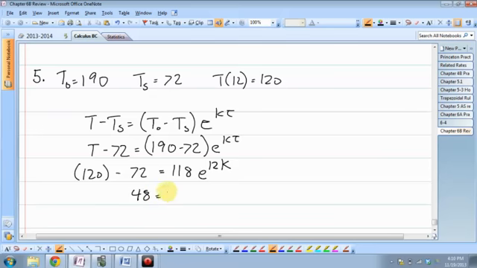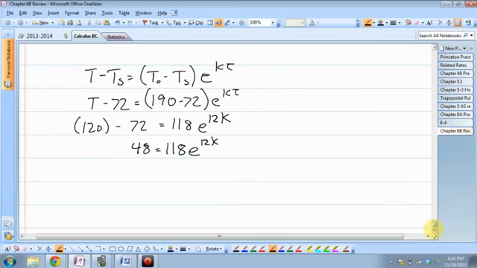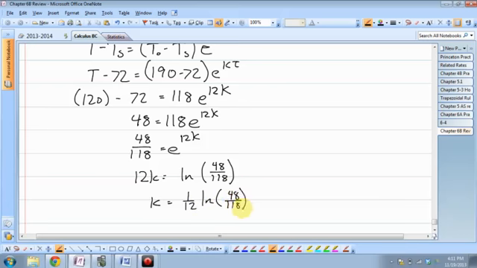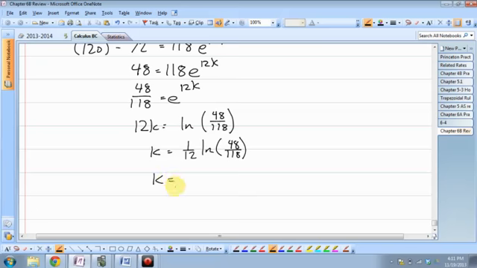So 48 equals 118 e to the 12k. 48 over 118 equals e to the 12k. 12k is equal to the natural log of 48 over 118. k is equal to 1/12 the natural log of 48 over 118.